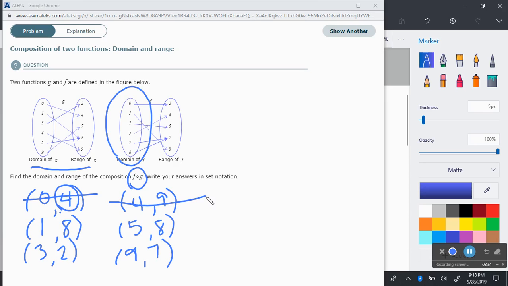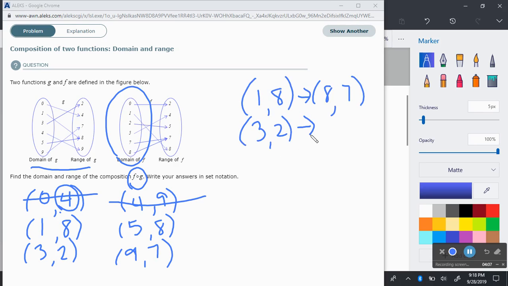Now, what are those range values? Well, let's look. I'm going to write out (1, 8) first, and then 8, going into f, gets translated to 7. Then we're going to have (3, 2), and the 2 goes to 5.